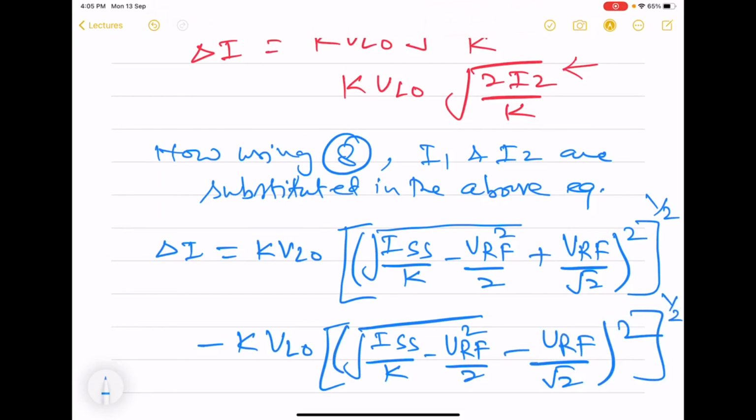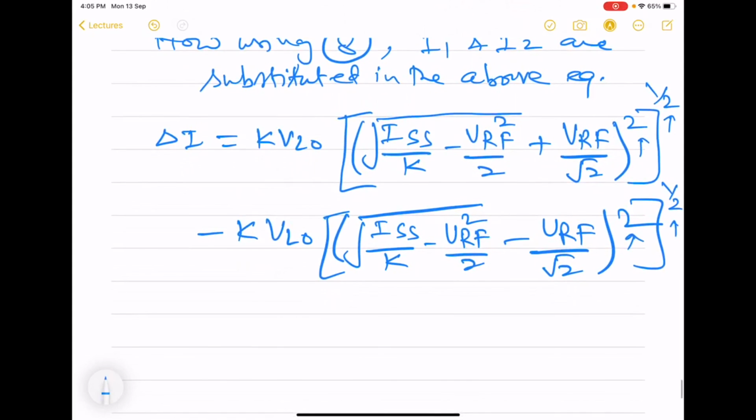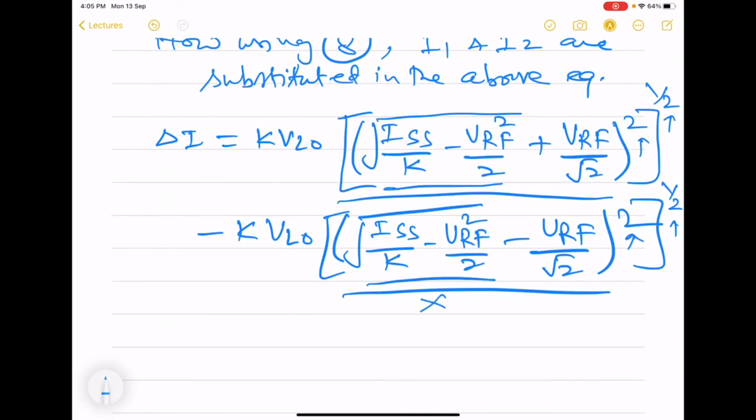So here we can see that this square root will cancel this square. Similarly, this square root will cancel this square. So what we will get is basically the difference of this term and this term. And here we see that the first factor is common to both, so they will cancel out each other. What will survive is the difference of the second term. So ultimately this will become exact.